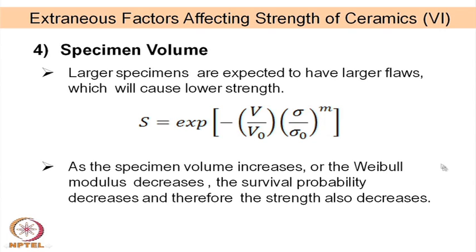This is another aspect primarily because the materials are brittle in character, and it is the crack size which controls the failure mechanisms. So, it is some kind of a consequence of the Weibull modulus in fact. Specimen volume also has a role in the accuracy of the measurement, or the representative property which you are measuring.